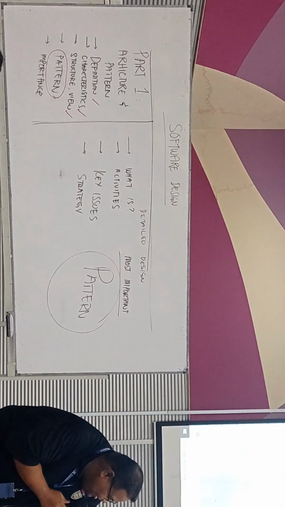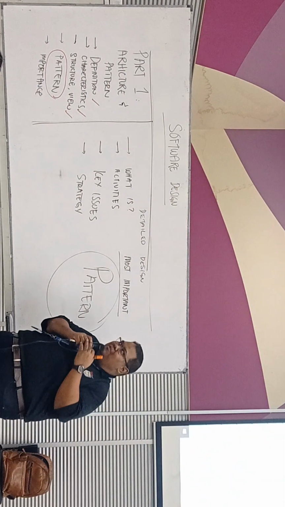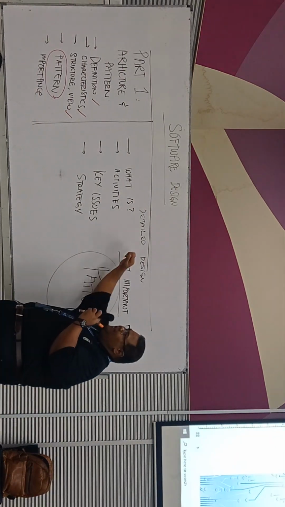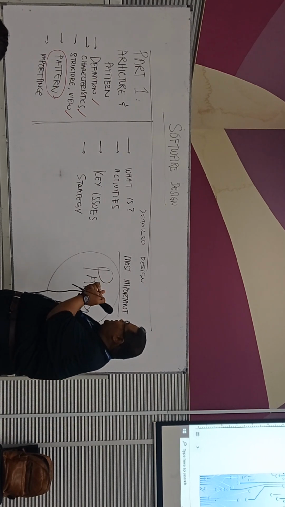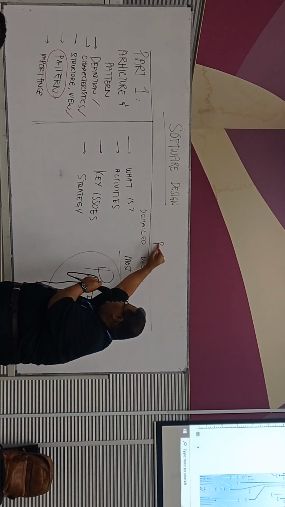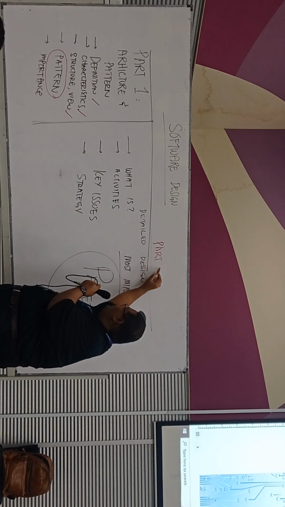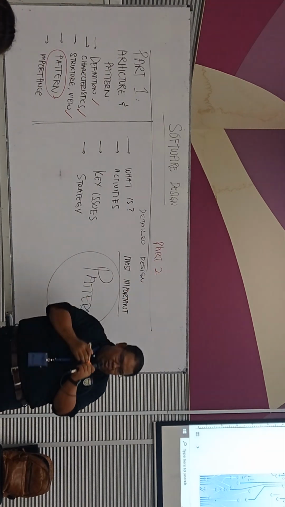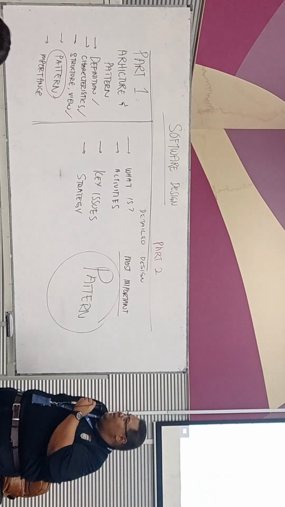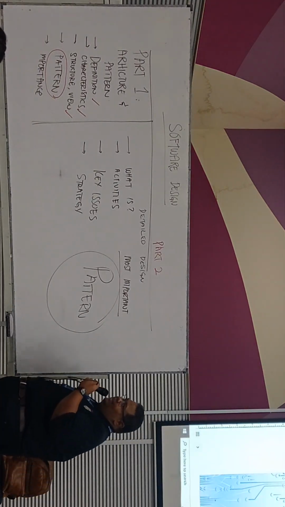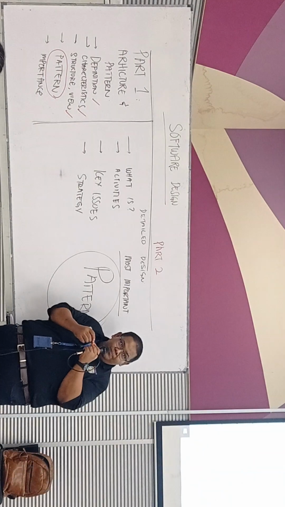Okay, shall we start our second journey? Today we are going to start our journey in detailed design, which is part 2 of software design. Whenever you do software design, even in the industry, we always split our work into 2 sections. One is called architecture design, another one is called detailed design. Under detailed design, there are a lot of things that we do.